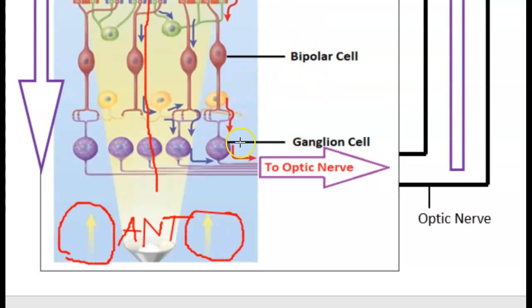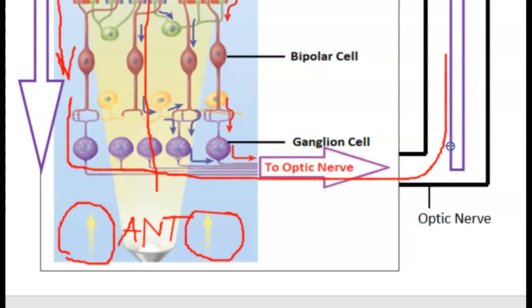Now they're stimulated, they're excited or inhibited, it depends on what you're looking at. And now a neural signal travels towards the anterior part of the eye. And finally, the ganglion cells have an axon that travels to the optic nerve, which goes to the posterior side of the eye, or the back of the eye, and comes off of the back of the eye.